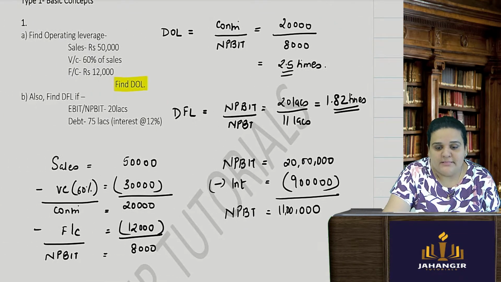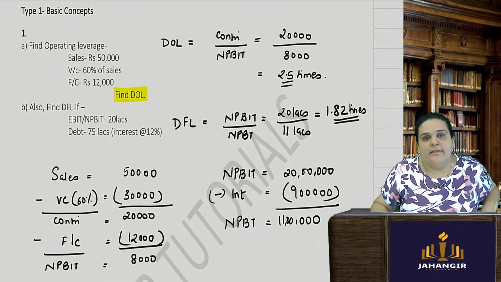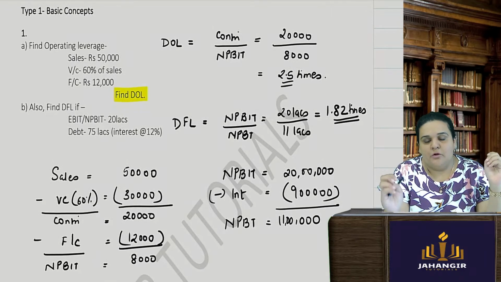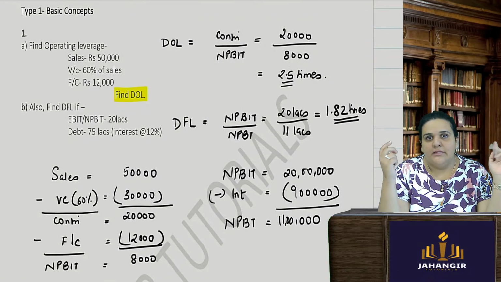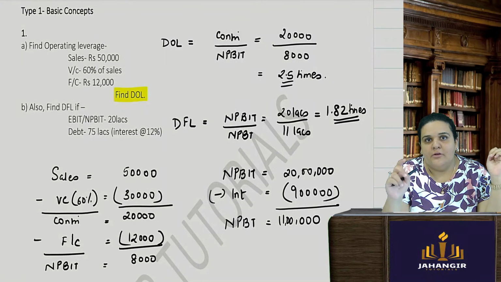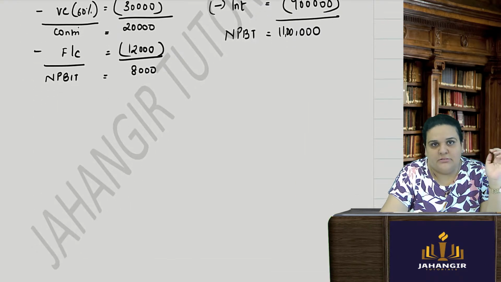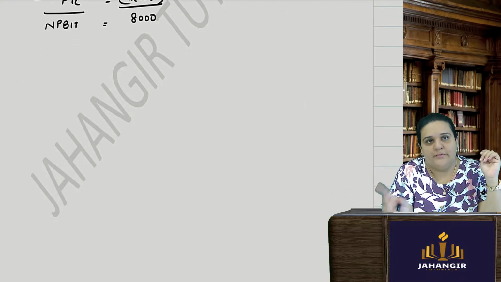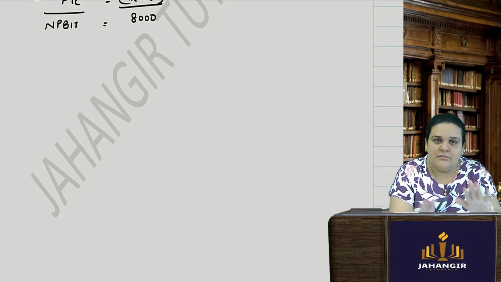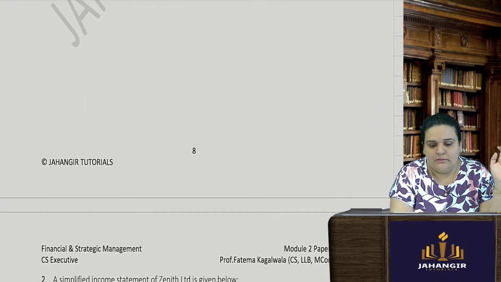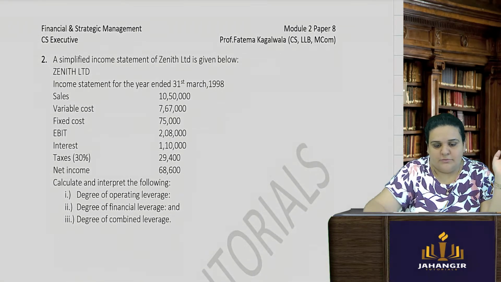I hope our basic concepts of what is an operating leverage and how to solve a degree of financial leverage are easy. Quickly, not less than 1 minute, also not more than 1 minute you should take for this particular type of question, and you will see how the exam questions are. Trust me, they are on the same lines. Nothing big here.